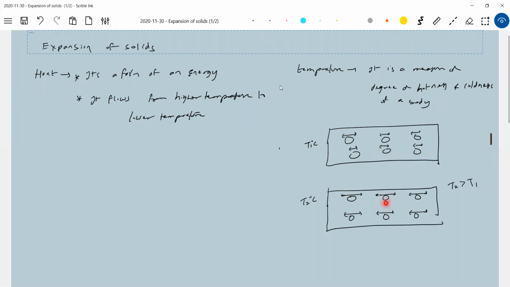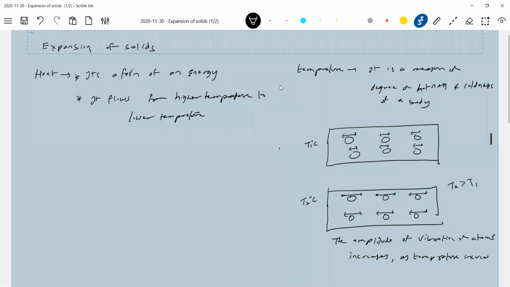So the amplitude of vibration of atoms increases as temperature increases.